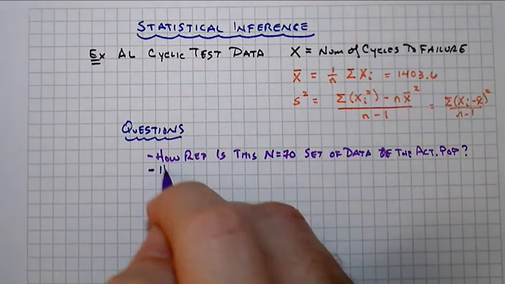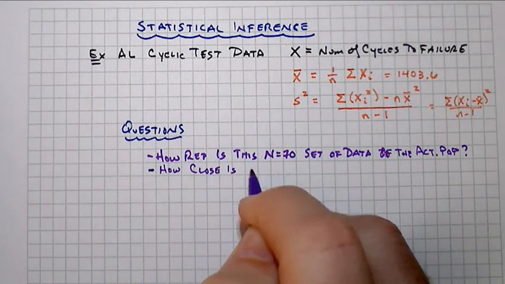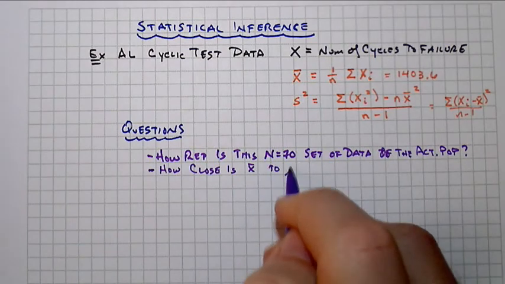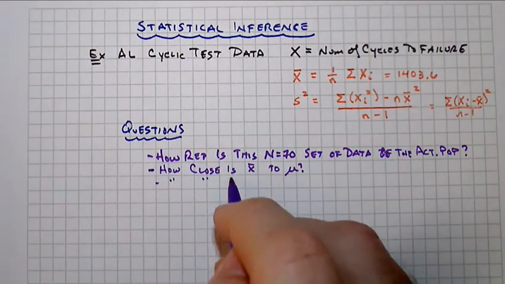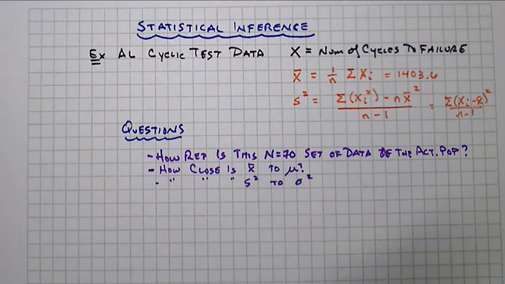Other more detailed questions might be how close is our observed mean or sample mean to the true mean? Or how close is our sample variance to the true variance?